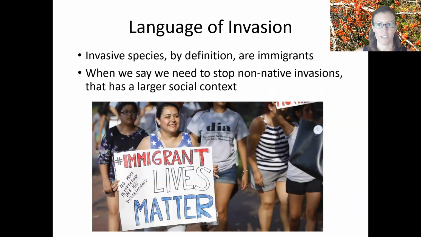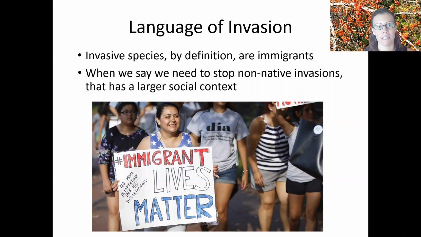And so it's important to take a step back and remember that environmental conservation, not just invasive species management or invasion ecology, but environmental conservation much larger, is steeped in environmental racism and a racist history, right?